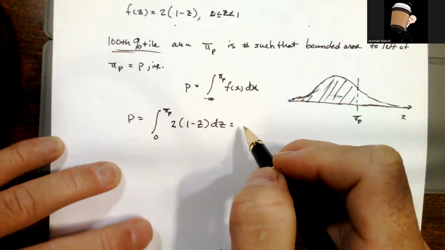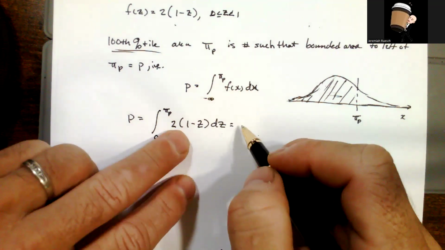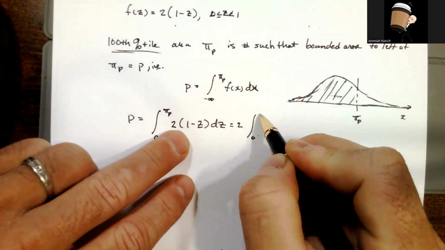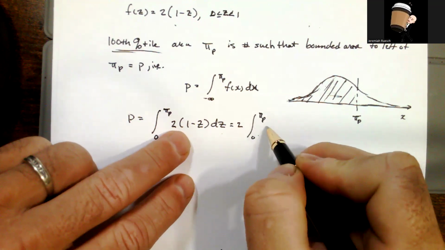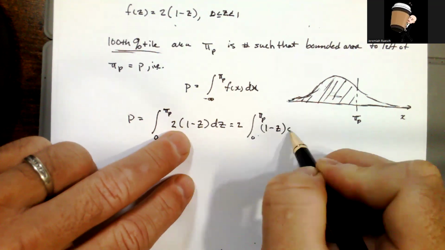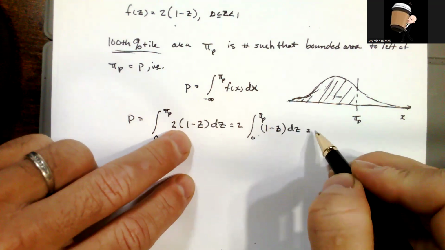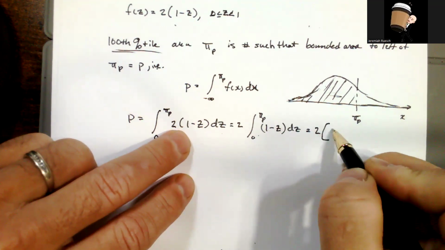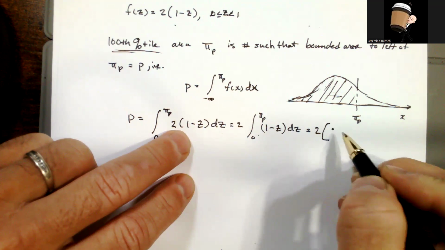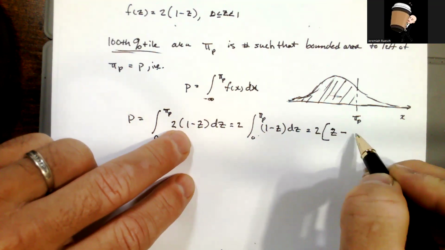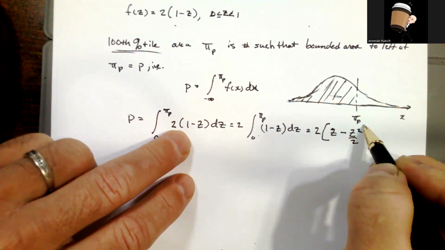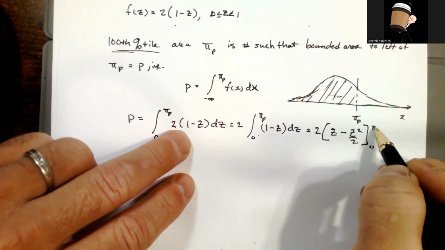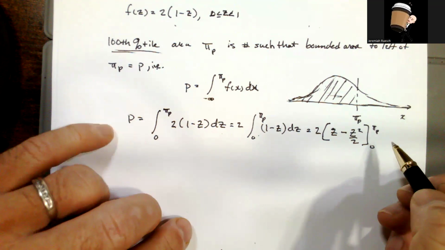If we pull out that 2 and look at the integral from 0 to pi p of 1 minus z dz, integrating that, we get 2 times z minus z squared over 2, evaluated from 0 to pi p. And that's going to equal our p-value here.